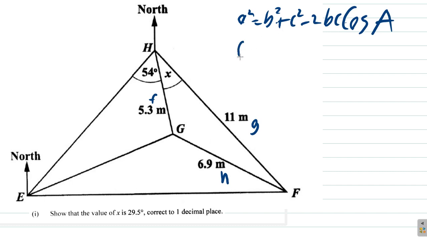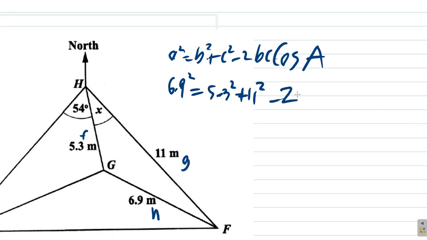So here, we say 6.9 squared equals, that's this squared here, equals this squared plus this squared minus 2 times this cos of this angle. So it's equal to 5.3 squared plus 11 squared minus 2 times 5.3 times 11 cos x. Alright, so we have only one unknown here, which is x. So it can work.